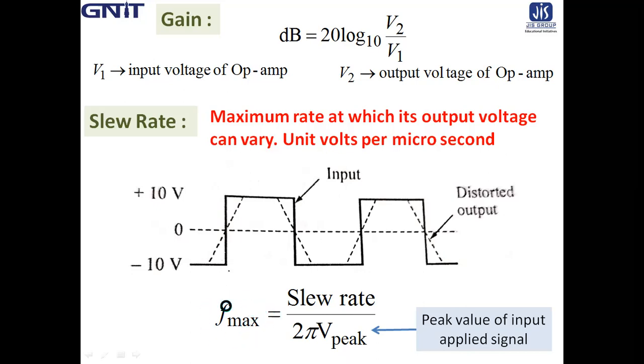Say F max is the maximum operating frequency, which is equal to the ratio of slew rate by 2 pi into V peak, where V peak represents the maximum or peak value of the input applied voltage. So it is a very important expression, and it is required for some numerical problems.